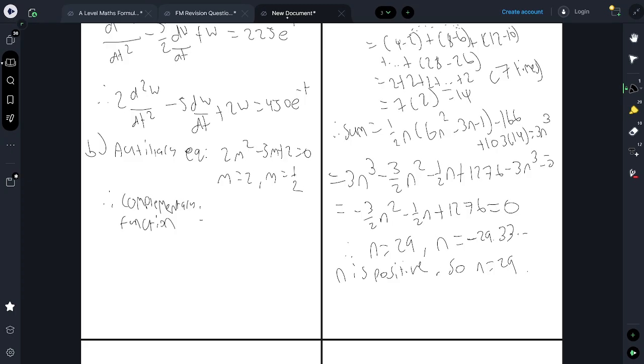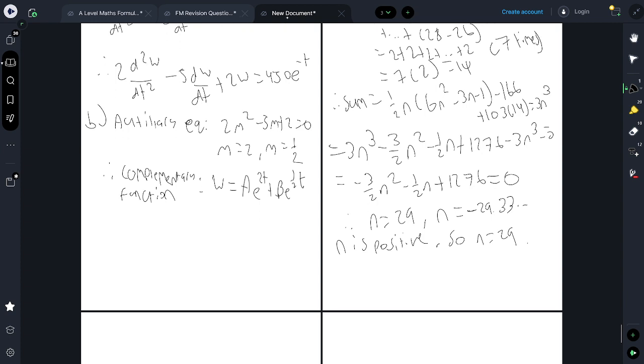That's just going to be W is a e to the 2t, because it's a general one, plus b e to the half t. You need to remember that when you have two distinct real roots, it's in this form: a general unknown constant times e to the root t, plus b e to the other root t.